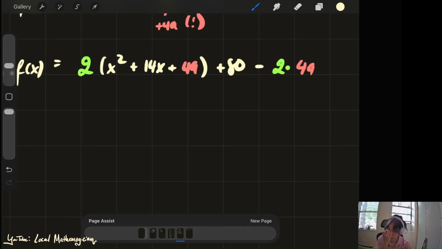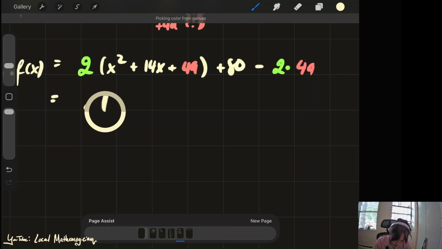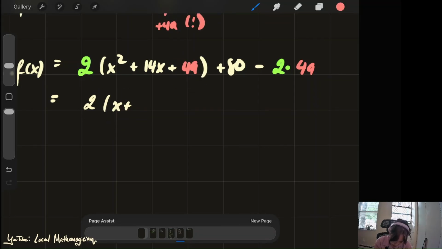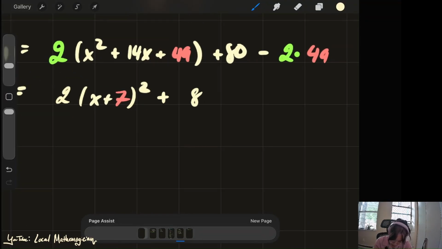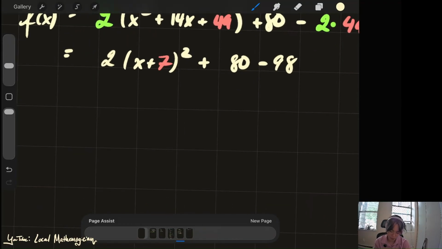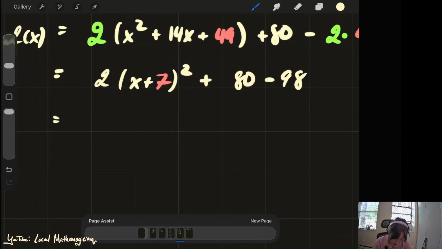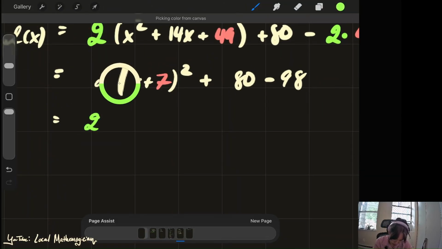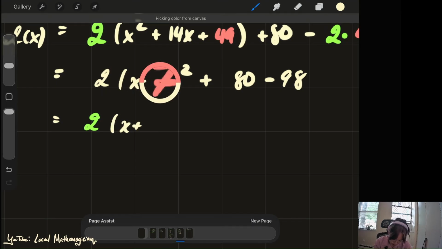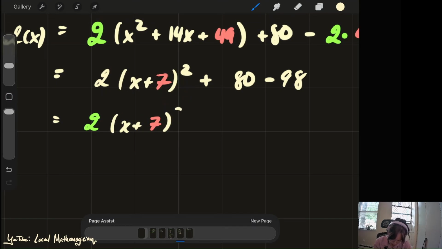Again, this is just completing the square, and then you end up with something lovely: 2 times x plus 7 squared plus 80 minus 2 times 49, which is 98. 80 minus 98 is negative 18. So this gives you 2 times x plus 7 squared minus 18.